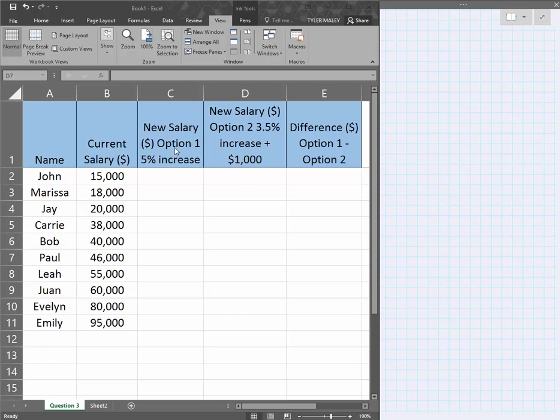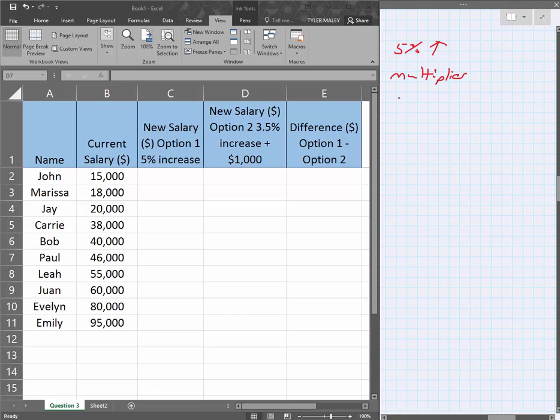So if I want to figure out what equation would go in cell C2, what we're calculating here is option 1, which is a 5% increase. Remember, if I have a 5% increase, my multiplier would be 1 plus 0.05, and 0.05 is 5% in decimal form, so 1.05.